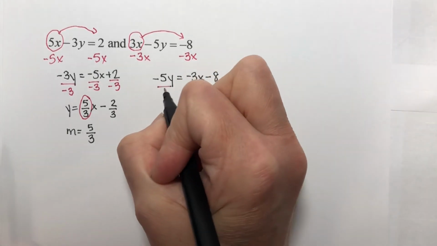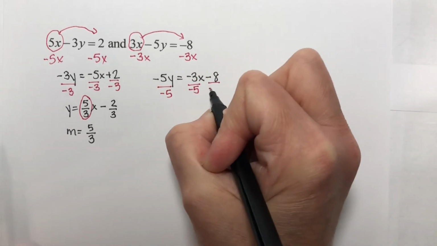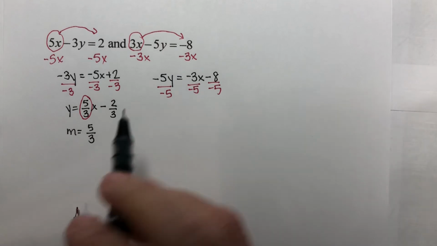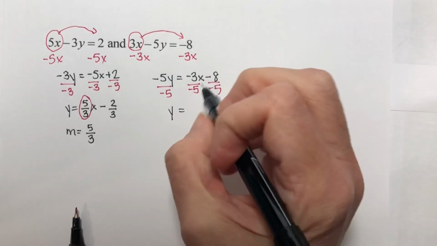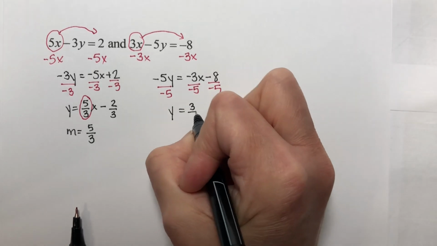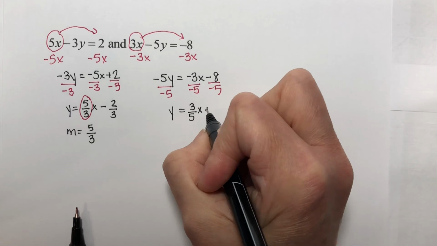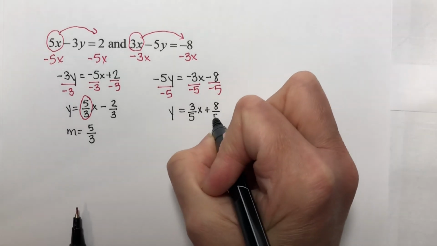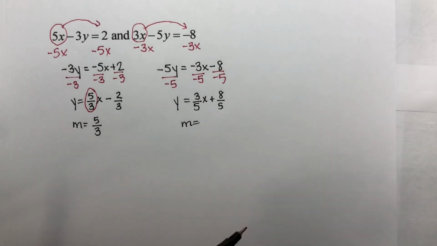And now divide everything by a negative 5. And I get y is equal to -3 over -5 is 3/5 x. That's 2 negatives plus 8/5. And this slope is 3/5.